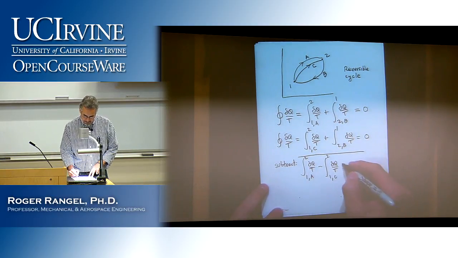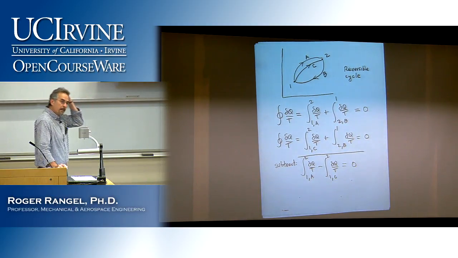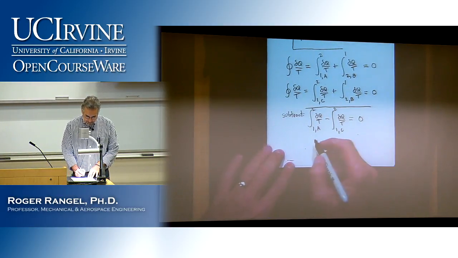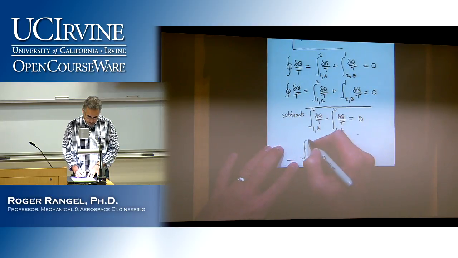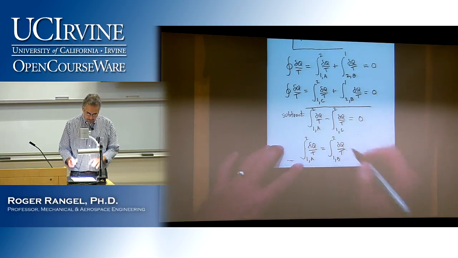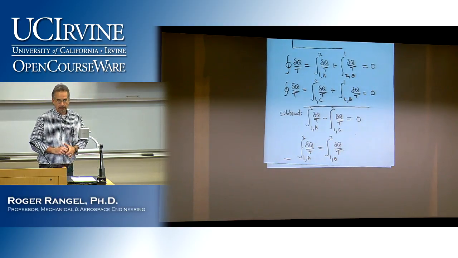This minus that is 0, and on the right-hand side I still have 0. If I now flip the second term to the right-hand side, I get that the integral from 1 to 2 on path A is equal to the integral from 1 to 2 on path C of delta Q over T. That's what I get with this little exercise.